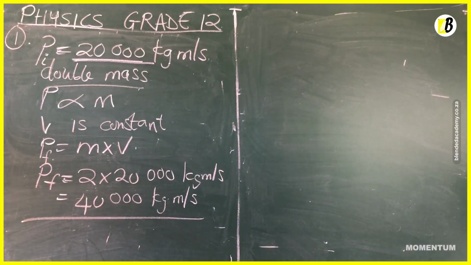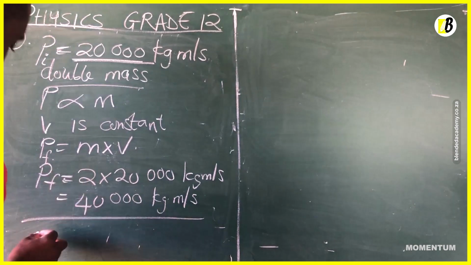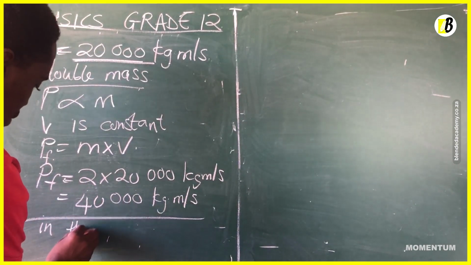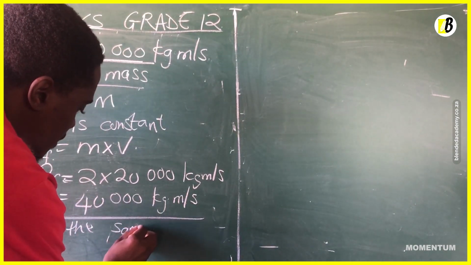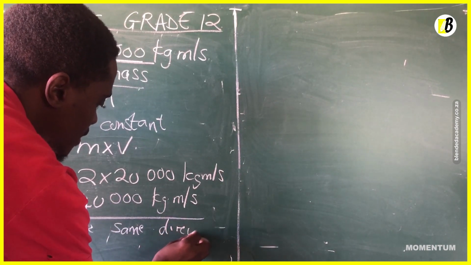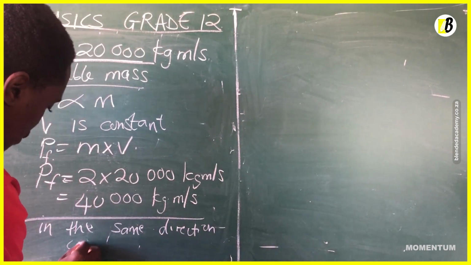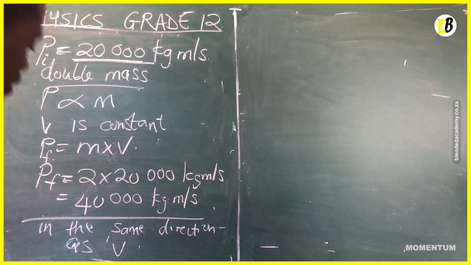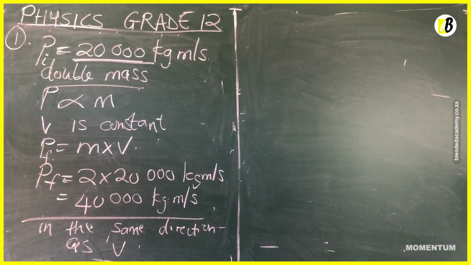This is our new momentum, and it's going to be in the same direction as the velocity. You need to always remember to put your direction there when you're working with vector quantities.